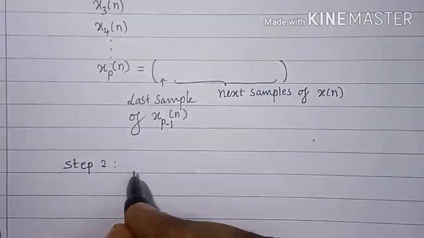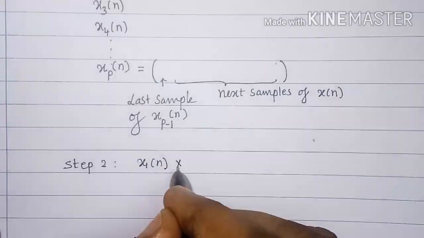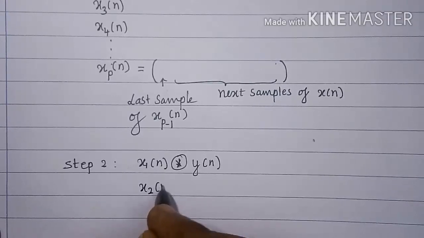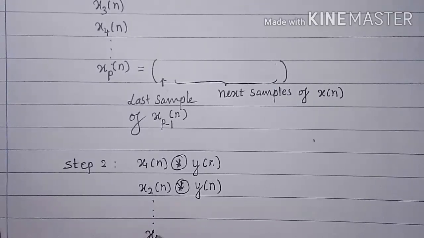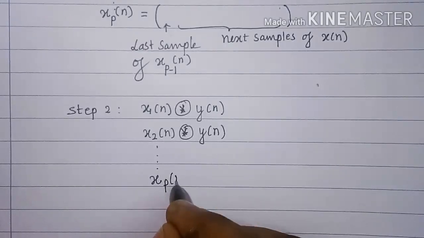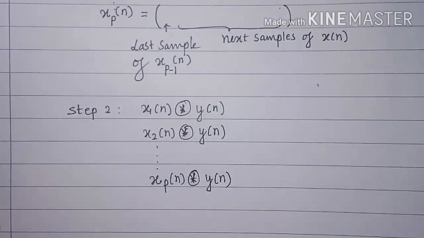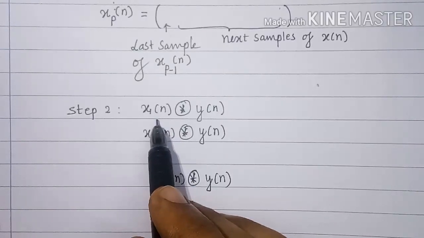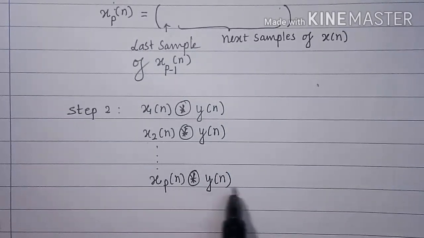Step 2. We have to find circular convolution of x1 of n with y of n, x2 of n with y of n, and so on up to xp of n with y of n.